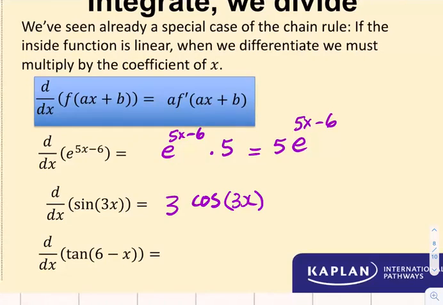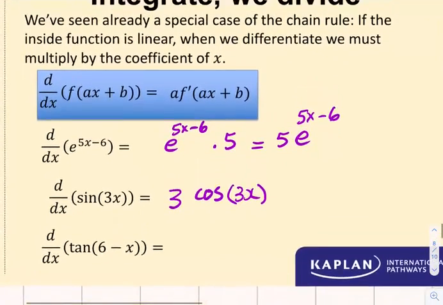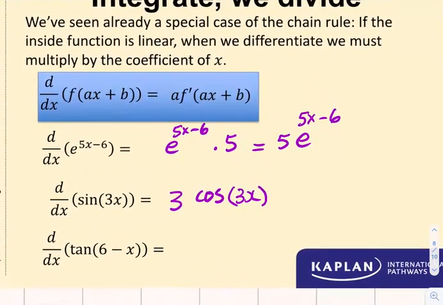Okay. The derivative for tan is secant squared. So tan of 6 minus x is going to be secant squared of 6 minus x. And the derivative for 6 minus x is going to be minus 1, because the coefficient for x here is minus, so it's like minus 1.